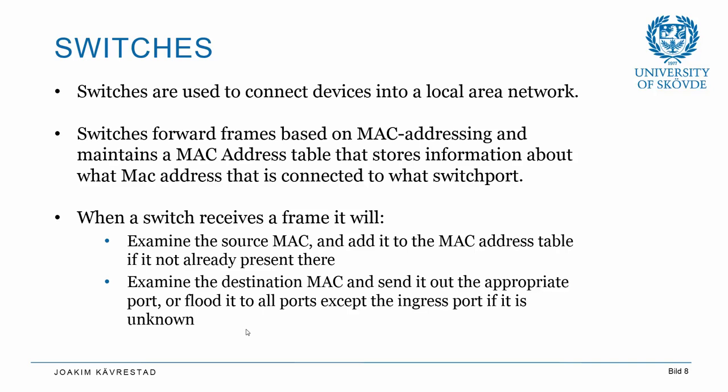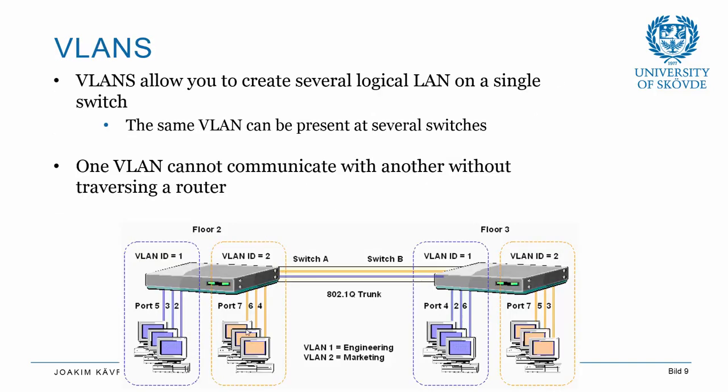So, switches, as I said, connect devices into one single local area network. If you combine a number of switches and chain them together, they will still make up one large local area network, and that is desirable for many reasons.